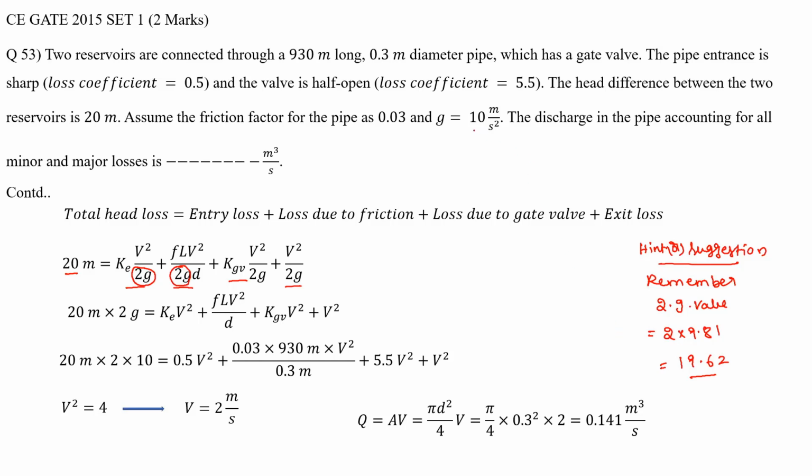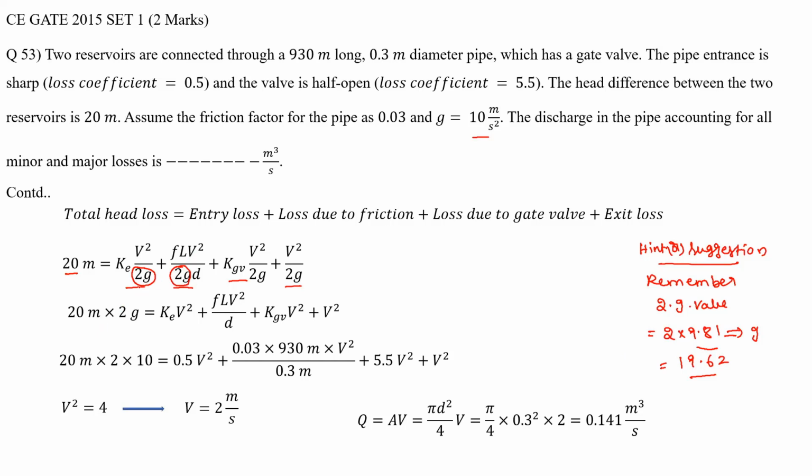Always consider g as 9.81 only. In some questions they'll say that g is 10, then it is very simple for you, but in most cases g is given as 9.81, and if they don't give it, you can assume 9.81 only. In that case, remembering this 19.62 will be an advantage for you.